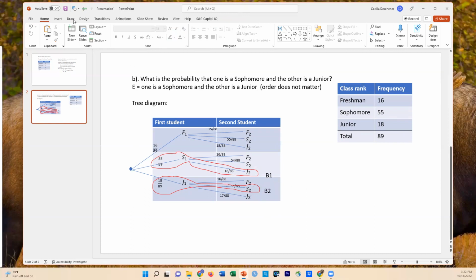All right, so what we could say is that this event E is equal to, let me just write this, we want to find the branches that satisfy the event.